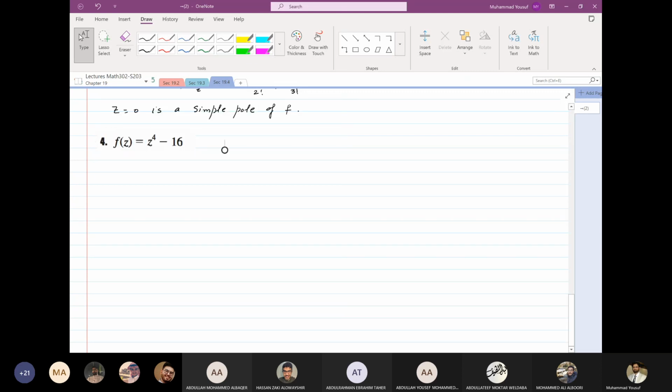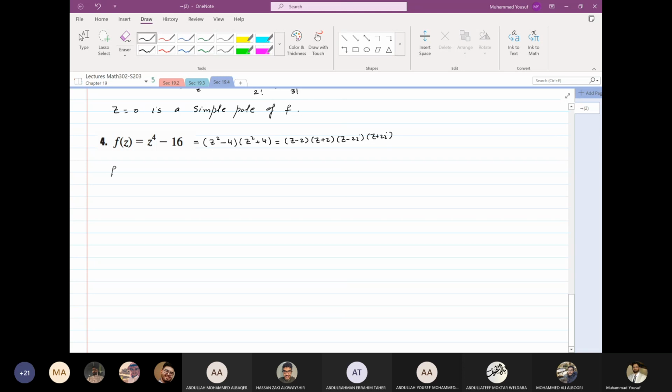In question number 4, we see f of z equal to z power 4 minus 16. Now this we can write as z power 2 minus 4 and z power 2 plus 4, which we can write z minus 2, z plus 2, z minus 2i, and z plus 2i.